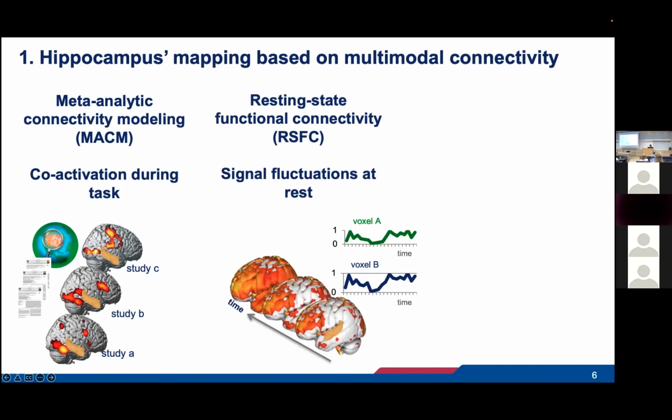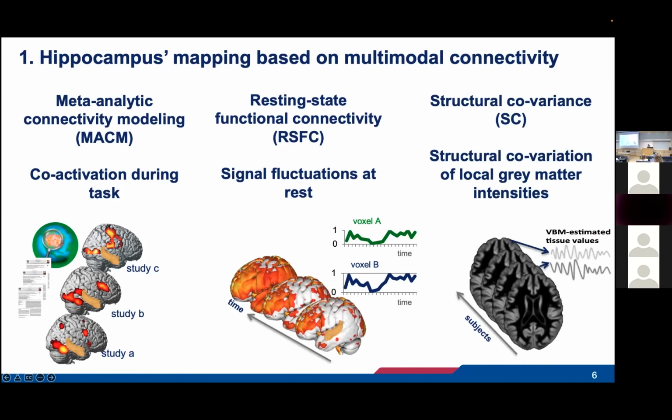The second modality was resting state functional connectivity. Here we measured the co-activation pattern of the hippocampus with the whole brain across time in subjects. The third one was structural covariance, which describes the covariation of hippocampal gray matter intensities with the whole brain gray matter intensities across subjects. And this one is a group-based measure.